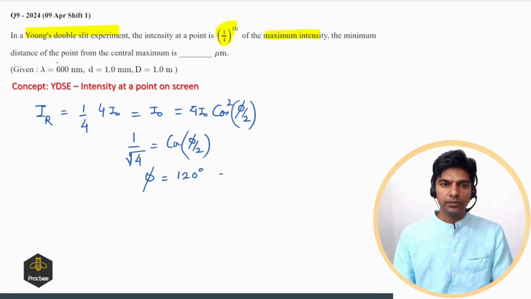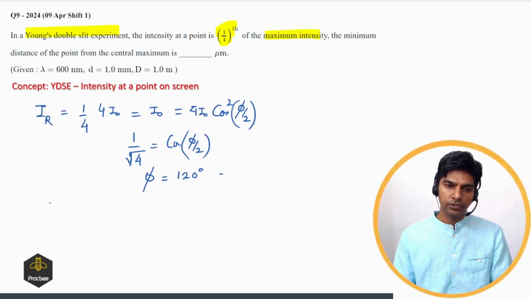The minimum distance of the point, so we have to find the position. So phi is 120, so let us find the path length difference, right? So what is the path length difference?